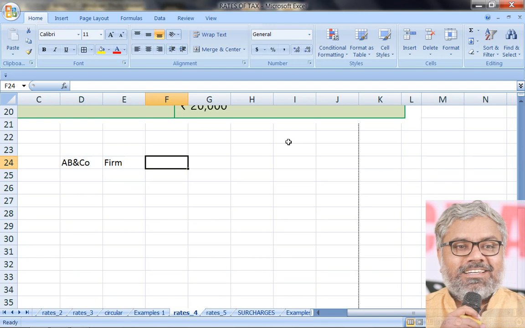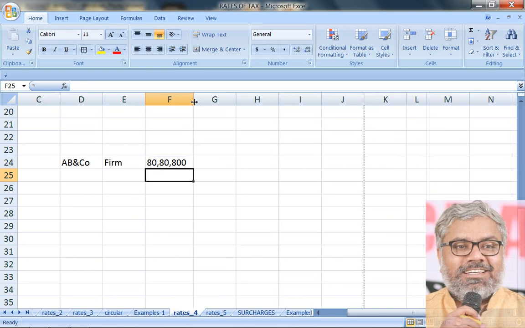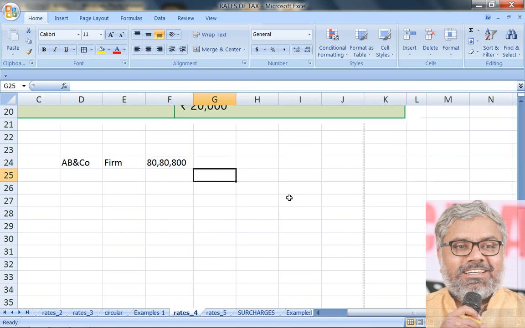Let us say it has an income of 80 lakhs, 80,800, just for example purposes. Let us say that is the income of this particular partnership firm, and we need to find out the tax liability finally. How to find it?